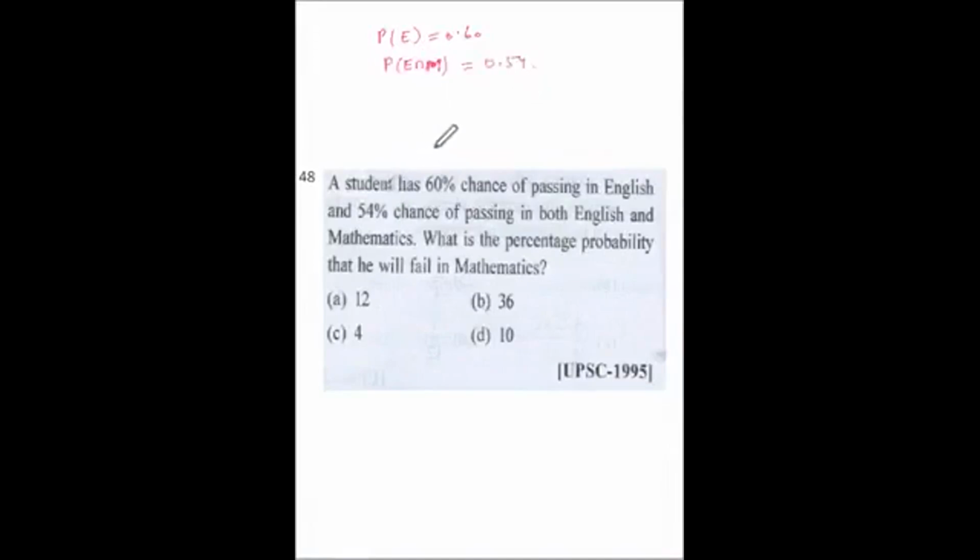So both the events are independent, passing in English and passing in maths. So we can write down P(E intersection M) is equal to P(E) into P(M). Now we can easily find this. P(M) is, put the value, 0.54 upon 0.6.